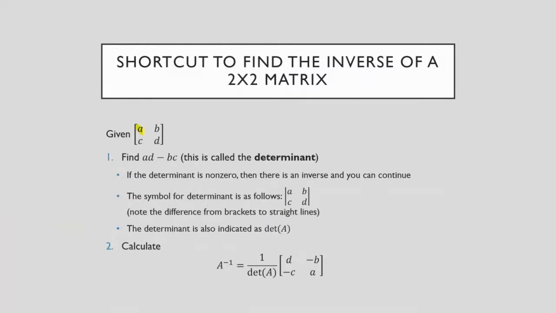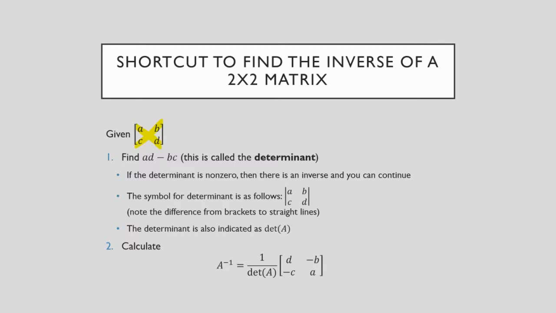So basically you're multiplying one diagonal, A times D, and then you're subtracting the other diagonal, B times C. So that is what's called the determinant of a matrix. If that number that you calculate there is not 0, that means there's an inverse, and so you can go ahead and use the formula to find the inverse. If that comes to 0, that's going to cause problems.